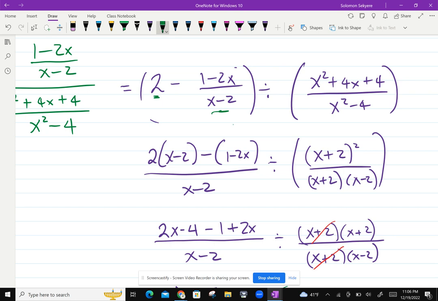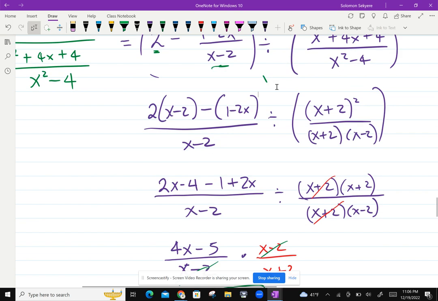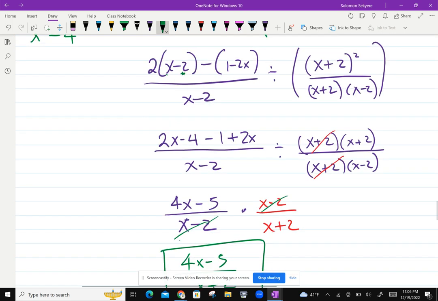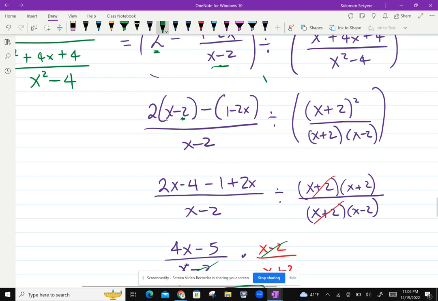Otherwise, you're going to get negative 1 minus 2x, and that's going to be wrong. Use parentheses. You do that, you see that 2x minus 4 minus 1 plus 2x. Combine like terms, what do we have? We have 4x minus 5 over x minus 2.